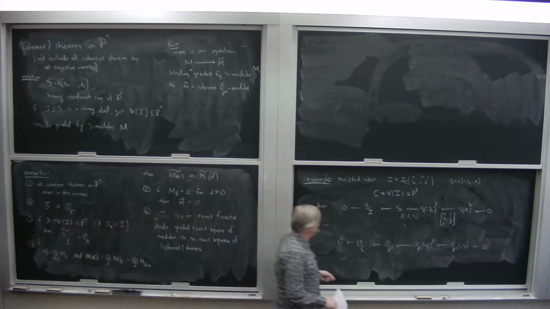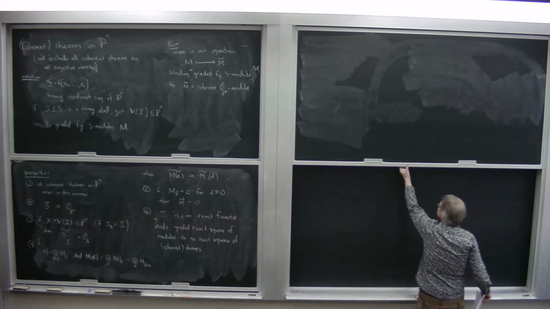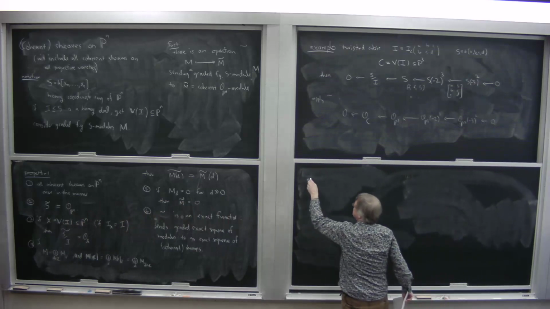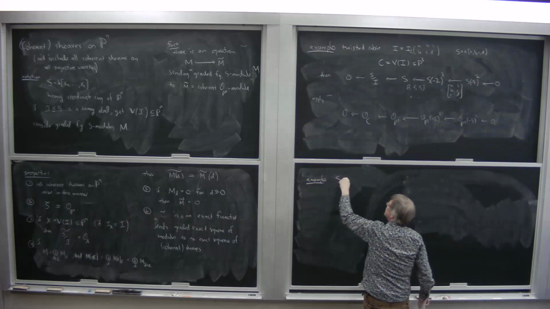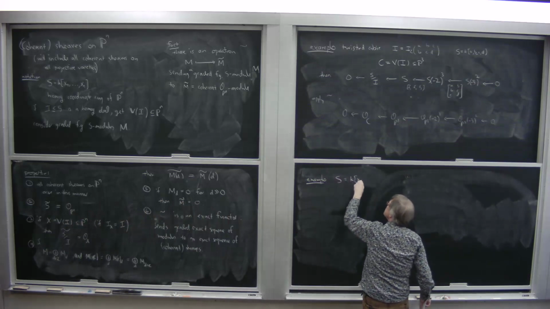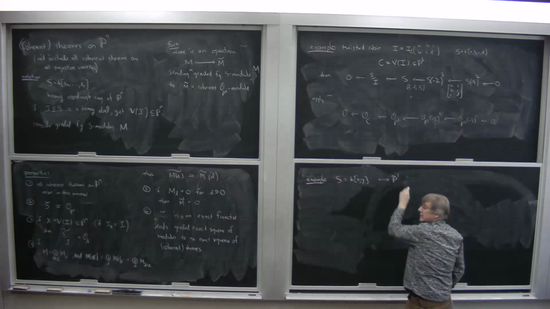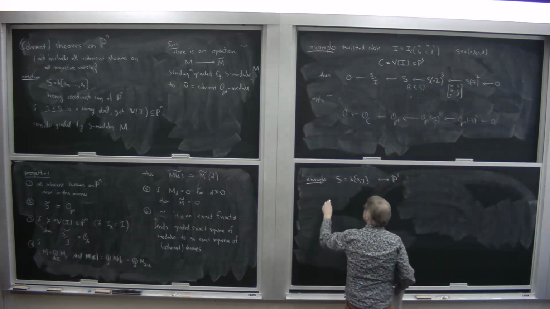So for instance, here's another example. Maybe I should have done this first. It would have been a better example. Let's take S equal to k[X,Y], corresponding to P1. And now I want to take the ideal (X,Y).